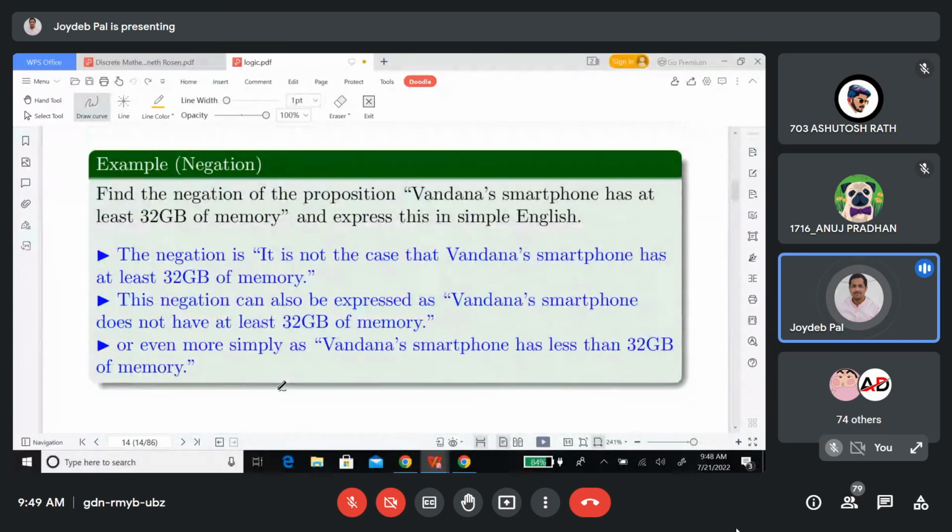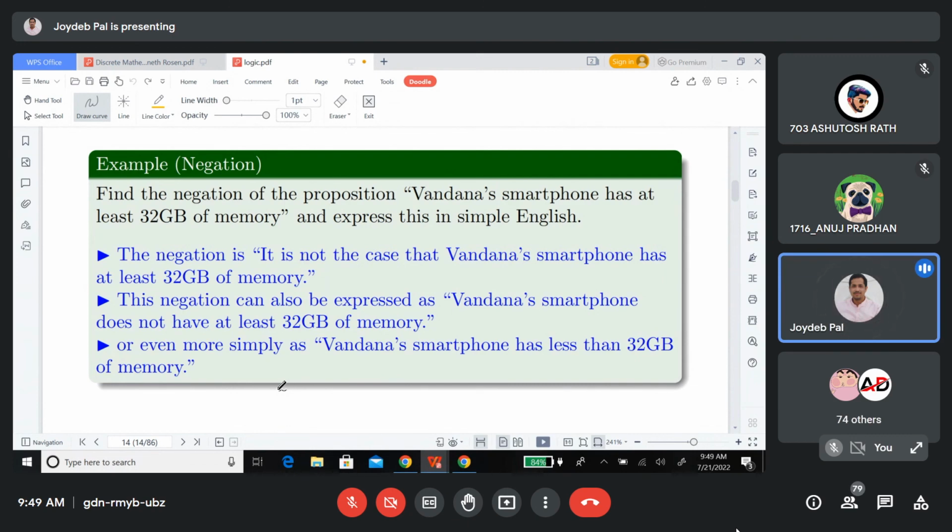Okay, another example, you see. Vandana's smartphone has at least 32 GB of memory. Now, according to the definition, you can write the negation as: it is not the case that Vandana's smartphone has at least 32 GB of memory.